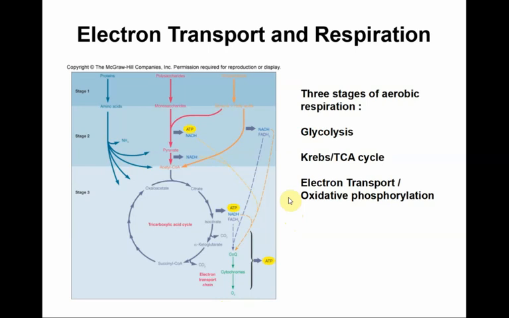They end up on oxygen. So this allows you to recycle the NADH into NAD+, and also it will generate a proton gradient, and this proton gradient will be used to produce ATP. Okay, so these are the three steps: glycolysis, Krebs cycle, and then electron transport chain and ATP production.